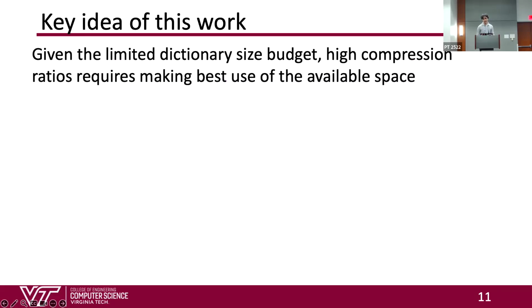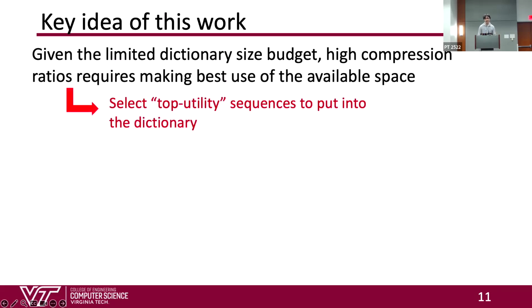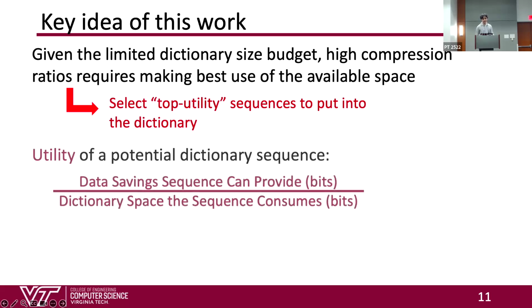So the key idea for this work is, given this limited dictionary size budget, how do we make best use of this space? We can quantify how good a sequence is using a metric called utility, which weighs the benefit against the cost, where the benefit is the savings and the cost is the size of the sequence.